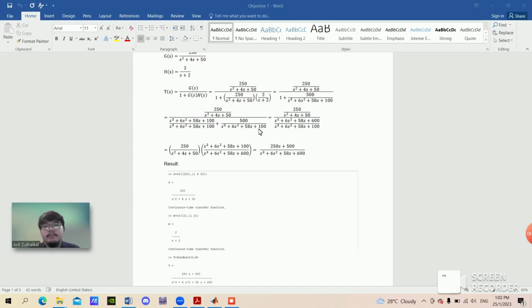After this final equation, I will check my answer by using MATLAB.